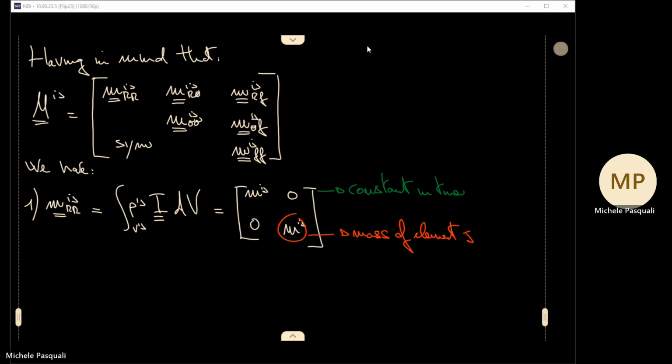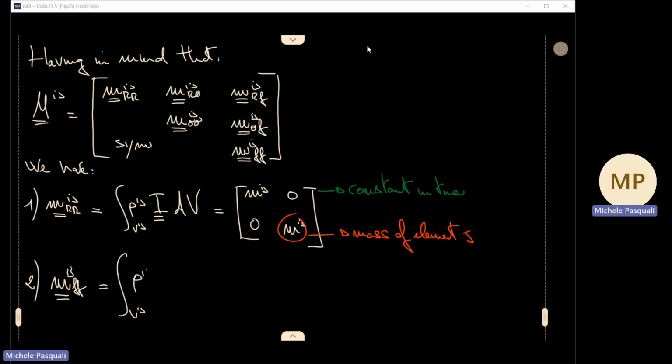Then let's go straight forward to MFF ij, because this is kind of easy to calculate, and then the result is useful for the other submatrices to calculate.